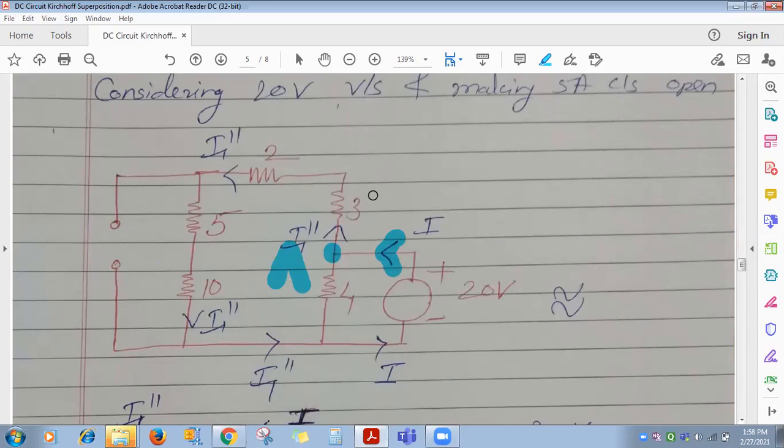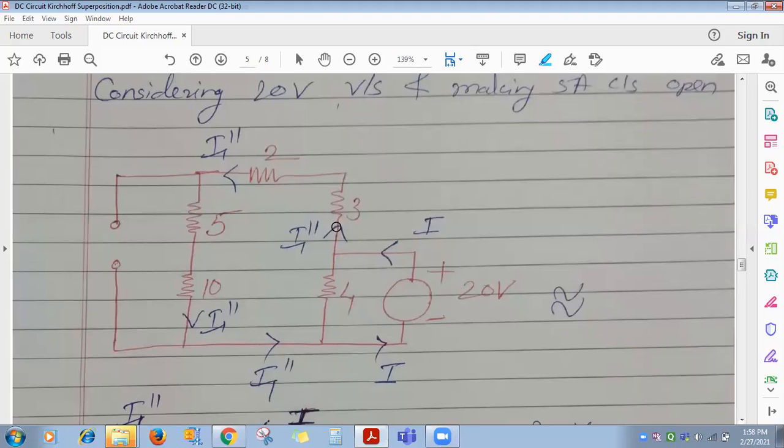Through 3 ohm, how much have I denoted? I1 double dash. If this is I and this is I1 double dash, in which direction will I1 double dash flow? Anti-clockwise, that is upward.